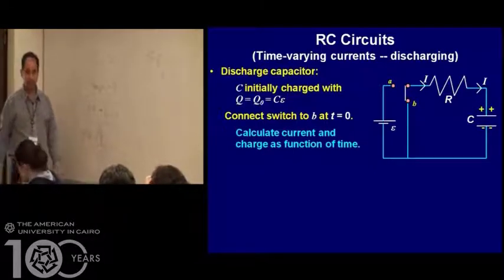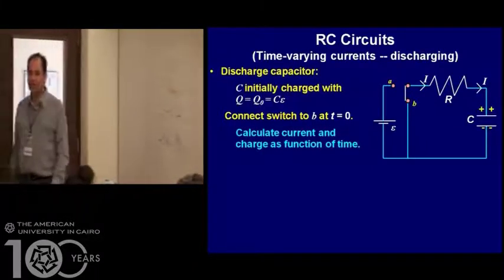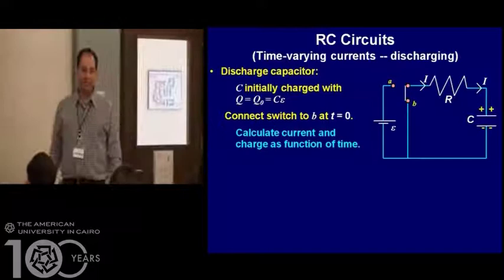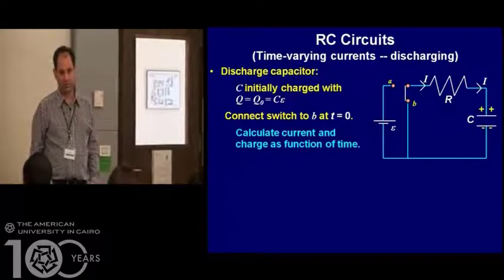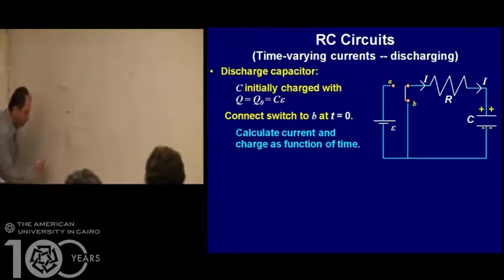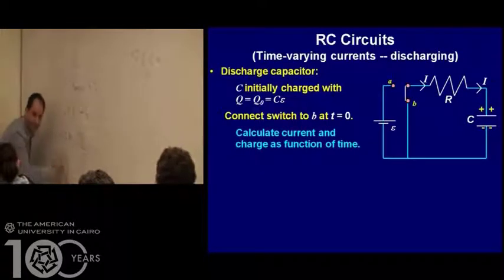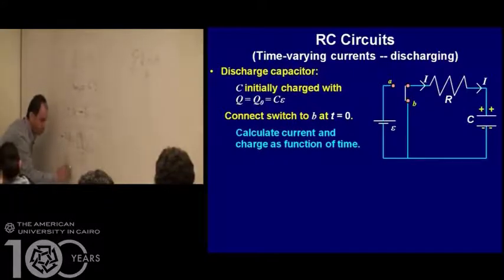Can anyone tell me what is the definition of a current? Charge per unit time. So the current is nothing but the flow of the charge with respect to time. It's dq by dt times R minus Q over C equal to 0.